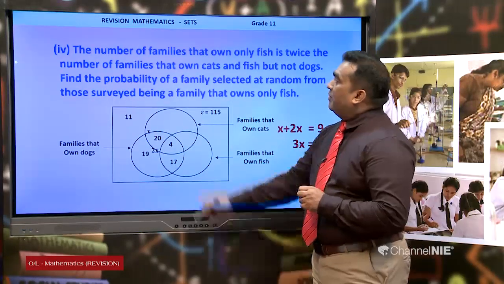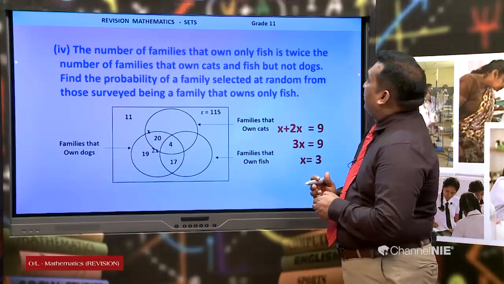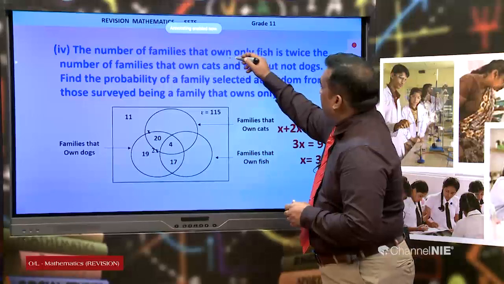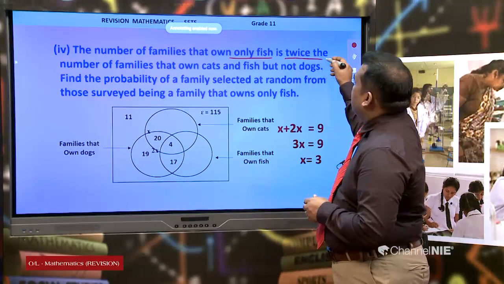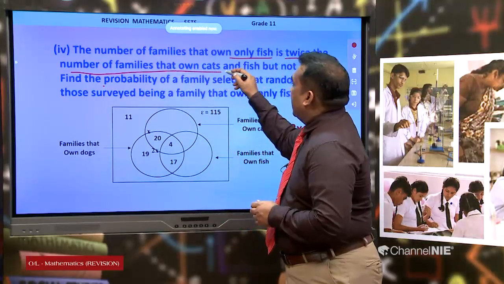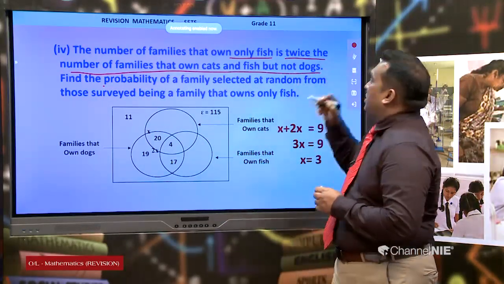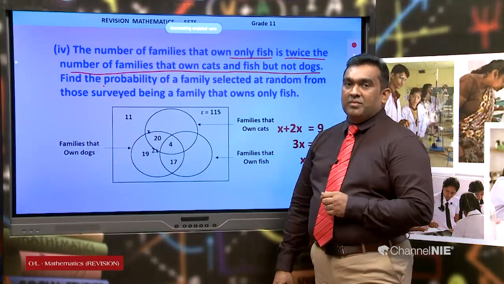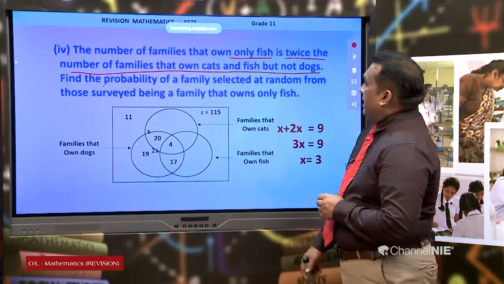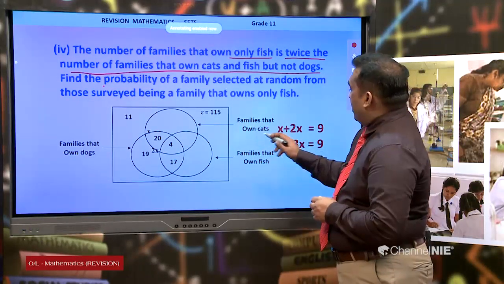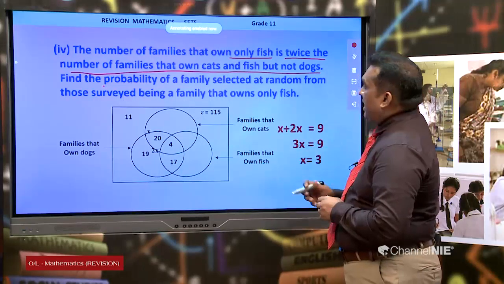Then the number of families that own only fish is twice number of families that own cats and fish but not dogs. Here there is a relation. Okay. Here you have x plus 2x is 9.